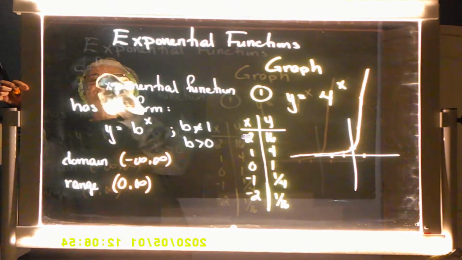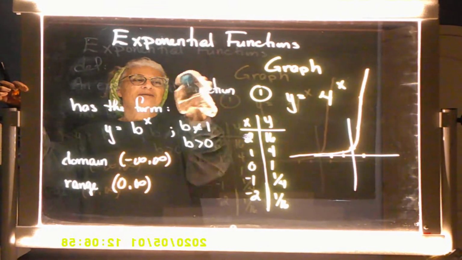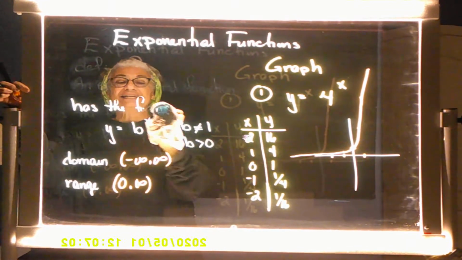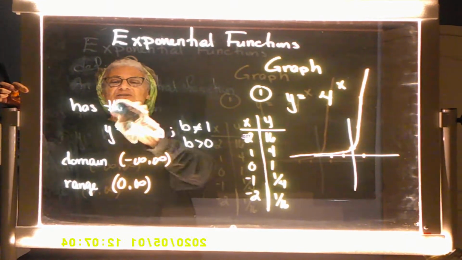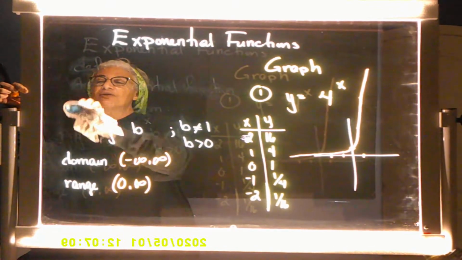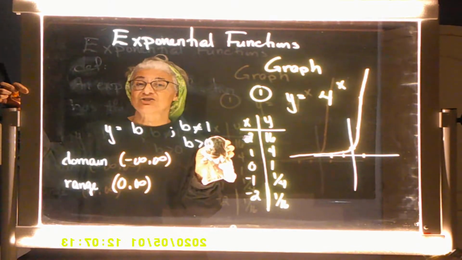Because I want to see what happens when my base is not an integer. And you're like, okay, I have to remember what that word integer means. Yes, you do. A better way to define an integer is what it is not.